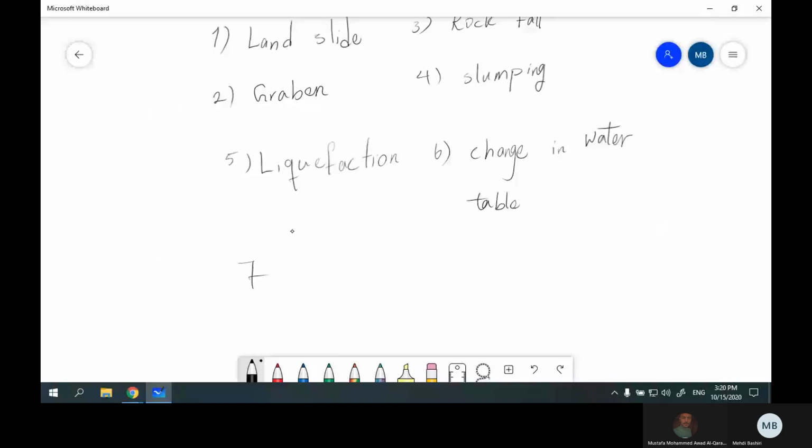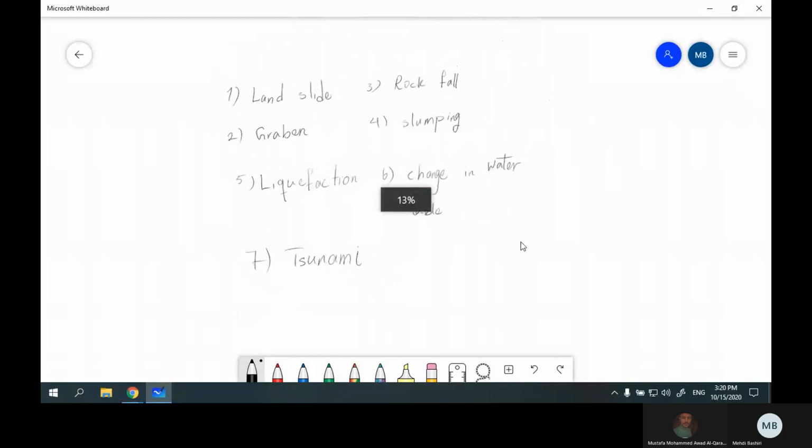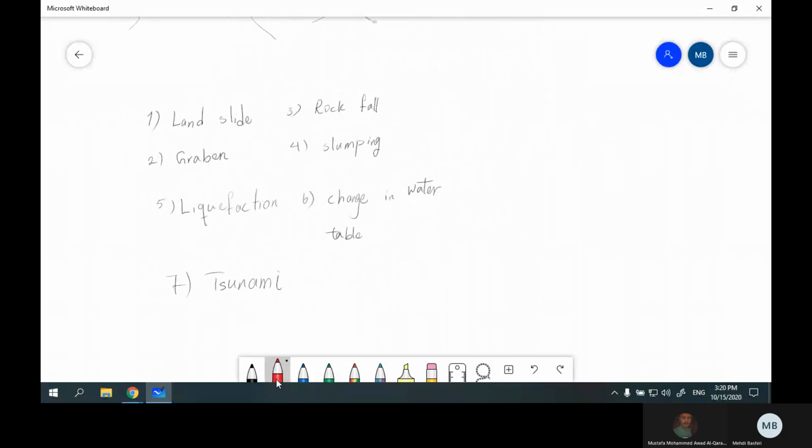Seventh one, tsunami. So what are they again? They are non-structural earthquake phenomena.